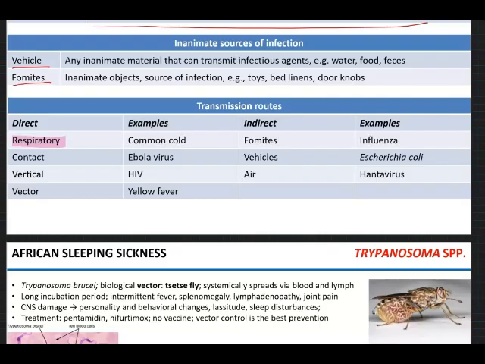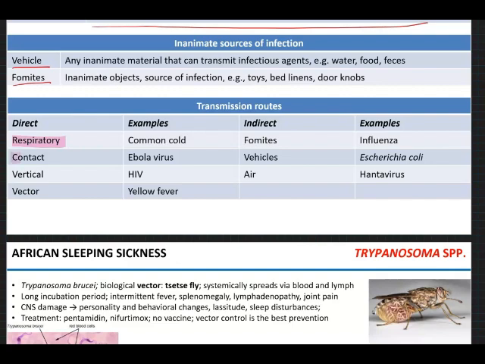What is better for respiratory transmission? Warm and humid or cold and dry? Warm and humid. Exactly. Because particles, not necessarily cold and dry, just dry. Because when it's dry, those droplets evaporate. When it's not, they don't.